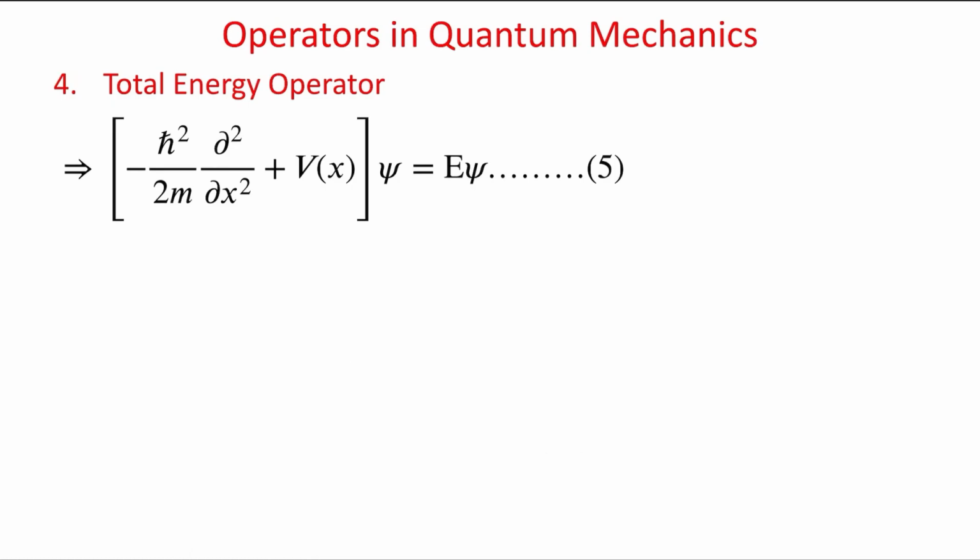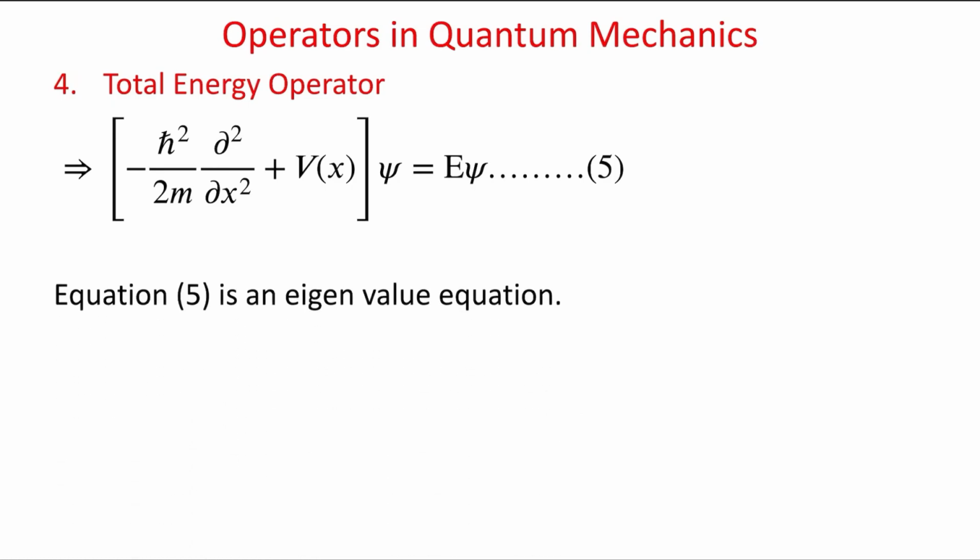This is our equation 4. Now, this equation 4 can be written as minus h cross whole square divided by twice m del square upon del x square plus V(x), operating on psi, is equal to E psi. This is our equation 5.